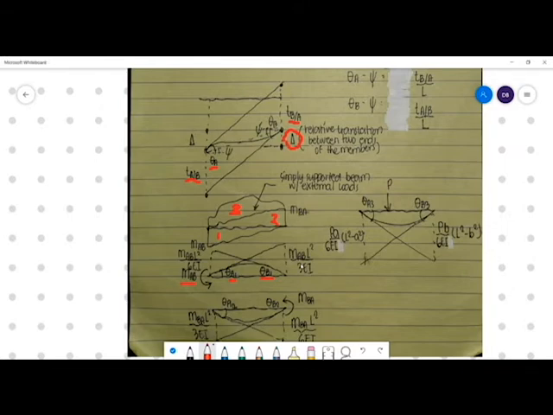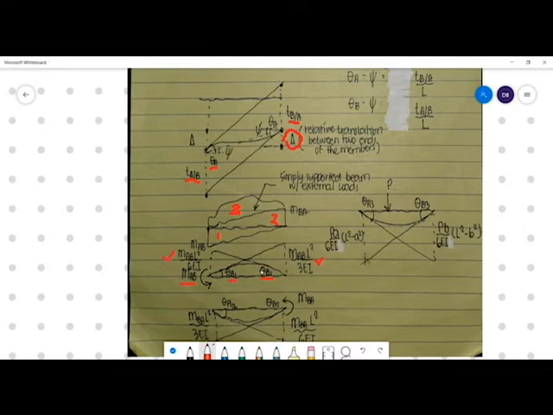We got that the tangential deviation of B with respect to A is equal to M sub AB L squared over 3EI, when I use the area moment method, and M sub AB L squared over 6EI for the tangential deviation of A with respect to B.